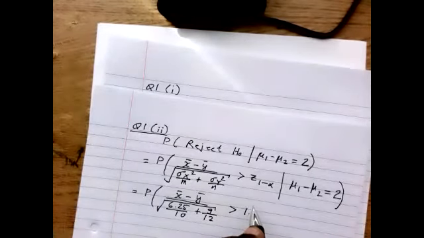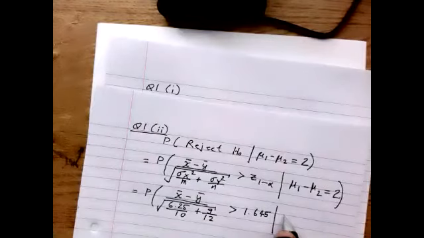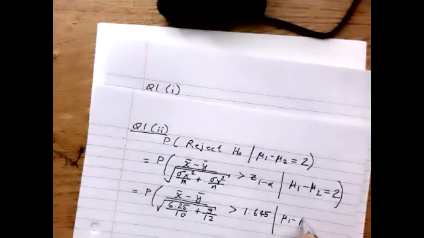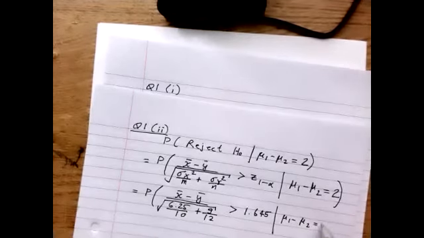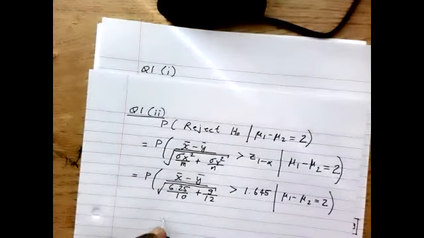This is given that mu1 minus mu2 is equal to 2. Are you guys with me so far?